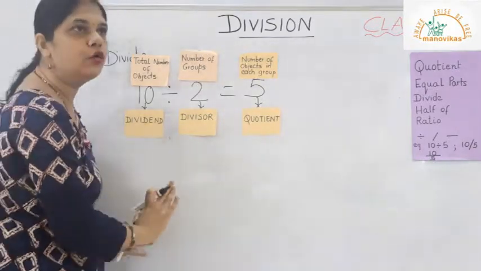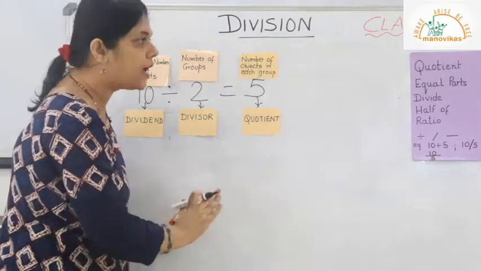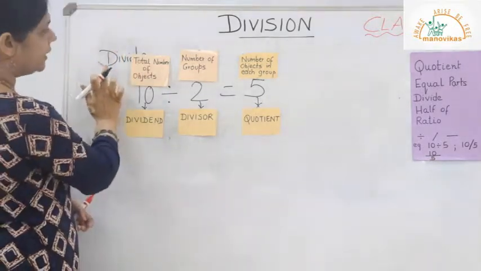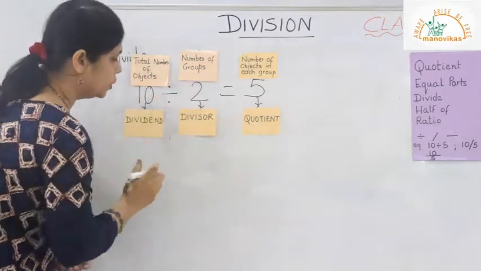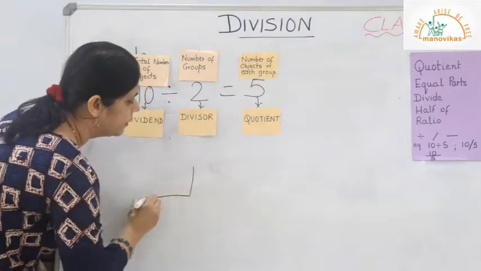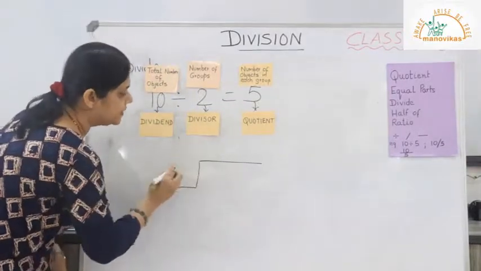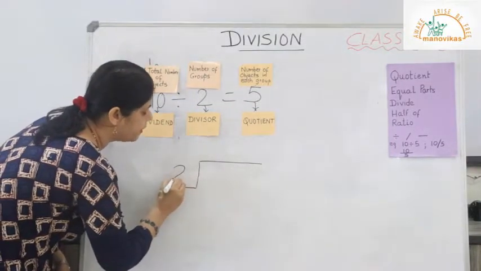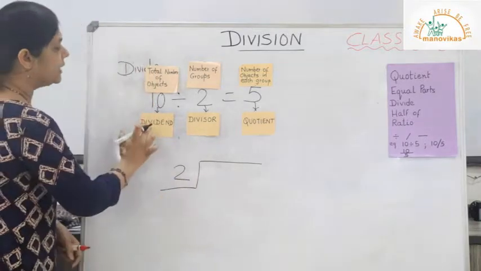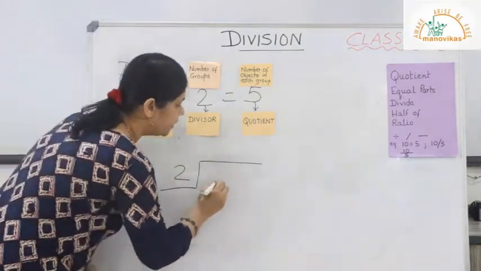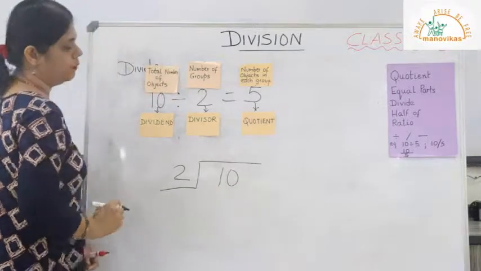Okay? Now I will show you how to write a division sum. Suppose you are given divide 10 by 2. So you make a box like this. 2 is the divisor, that is the smaller number, which will come outside, and this dividend, which is a bigger number, will go inside the box.